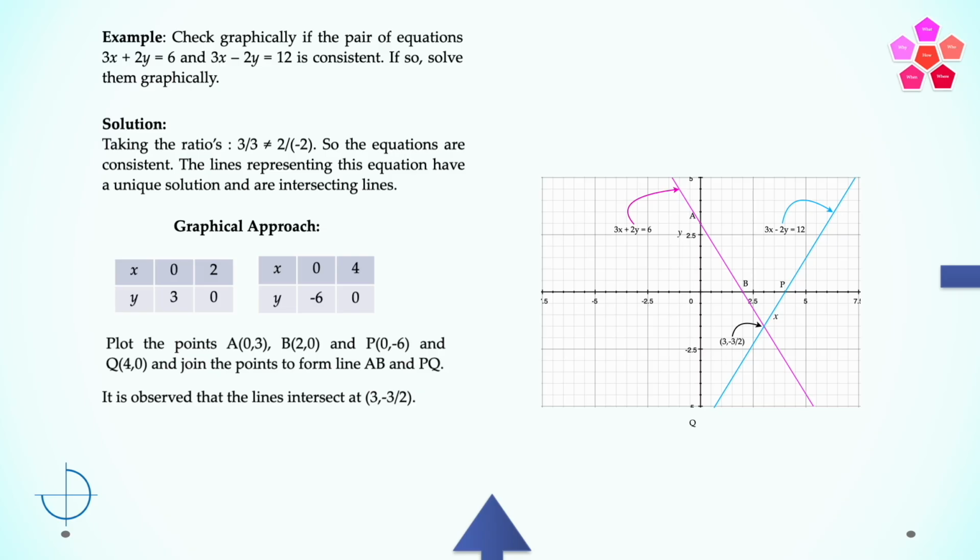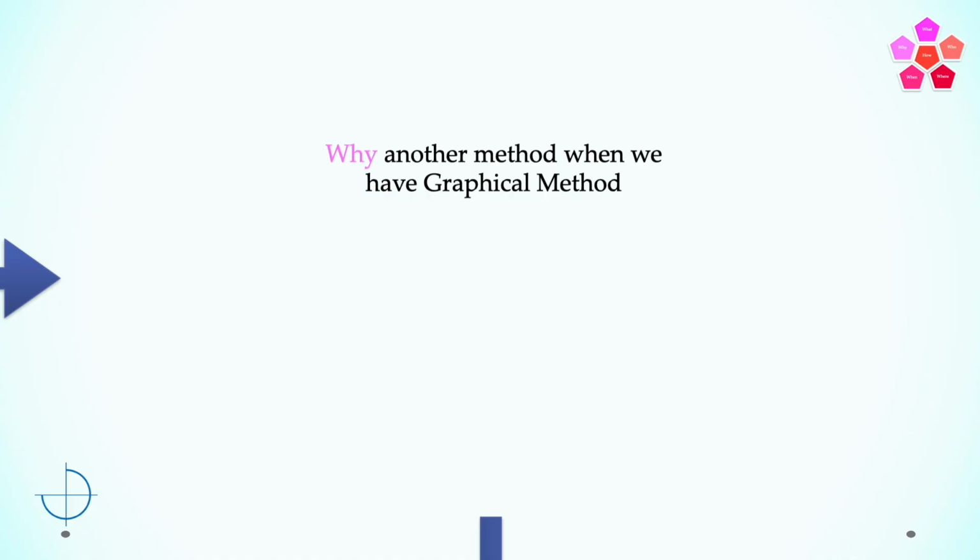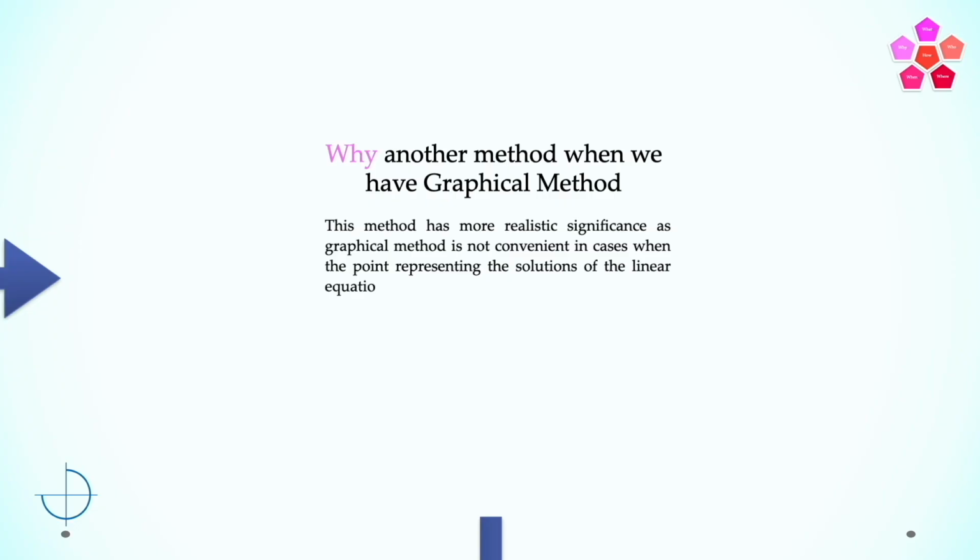It is time to look at various ways of solving a pair of linear equations in two variables with the algebraic method. But before that, a more relevant question is, why another method when we have a graphical method? This method has more realistic significance, as the graphical method is not convenient in cases where the point representing the solution of the linear equations has non-integer coordinates like root 2, root 5, or 5 by 13, 2 by 19, or minus 1.33, 2.2, which are decimal coordinates.